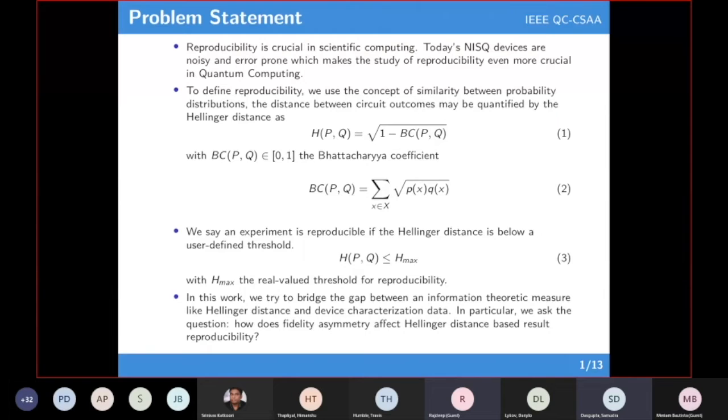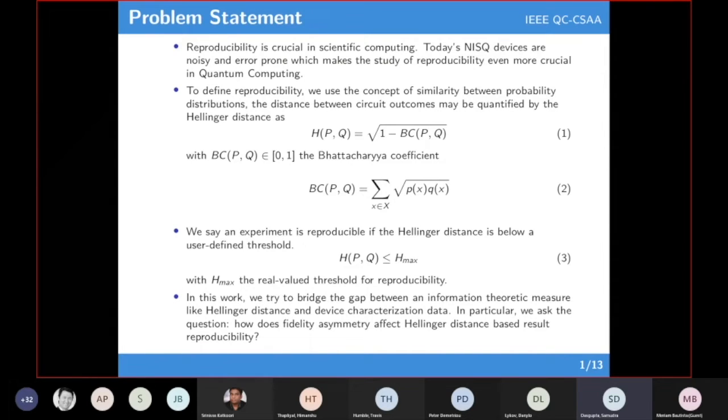So to investigate this, we need to define the concept of reproducibility. And we do that using Hellinger distance. Now, as you may appreciate, quantum computers almost always produce a distribution and not a single answer, right?